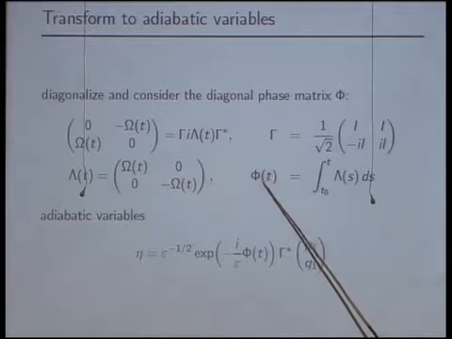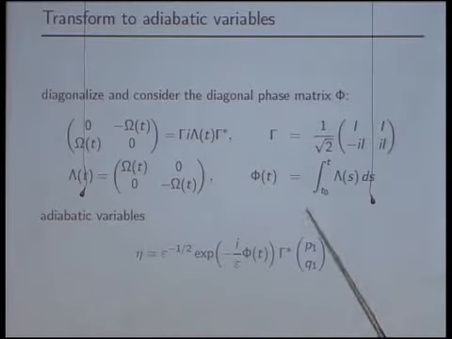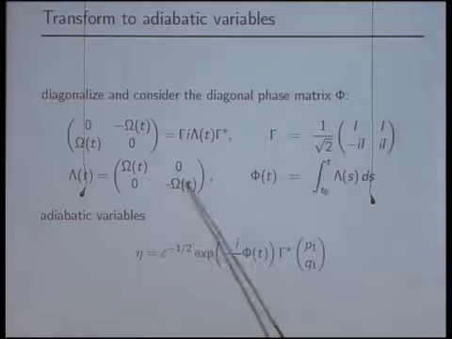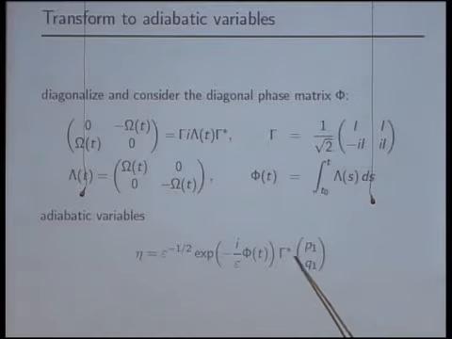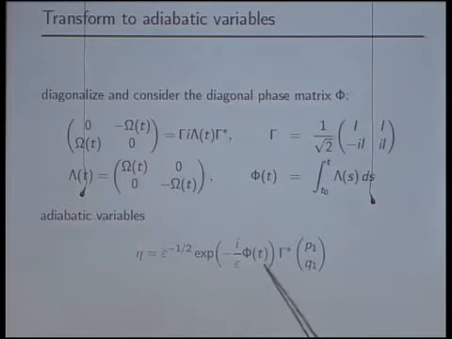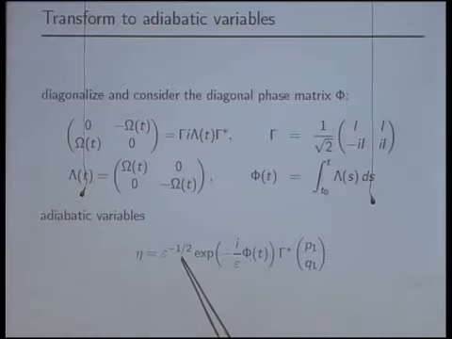We introduce the phases as the integrals of the eigenvalues given here, and transform to these adiabatic variables, which correspond to this transformation given by the matrix here, has the rapidly rotating phases, and it's useful again to rescale with epsilon to the minus 1/2.